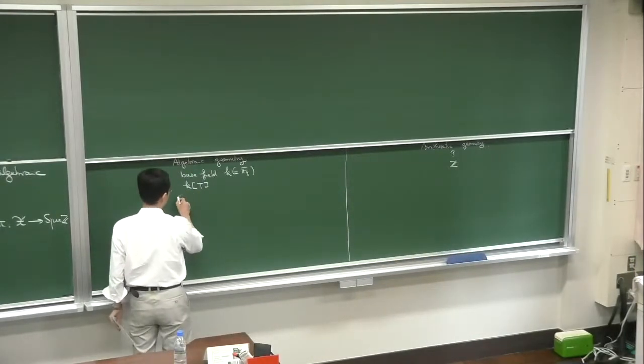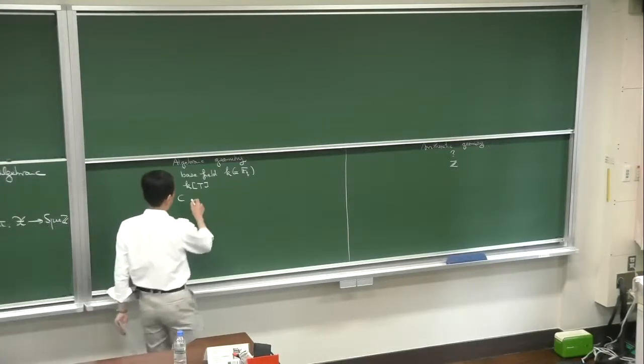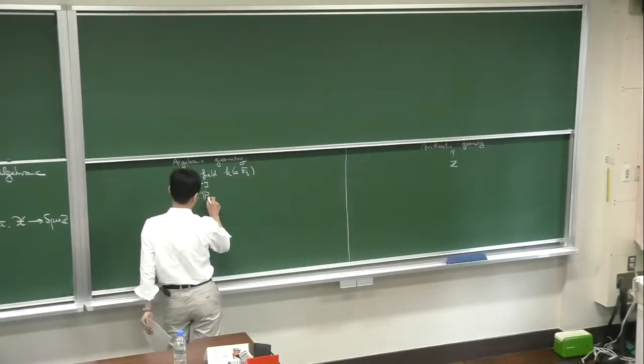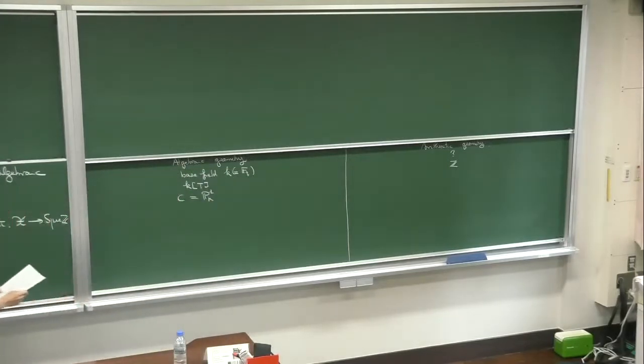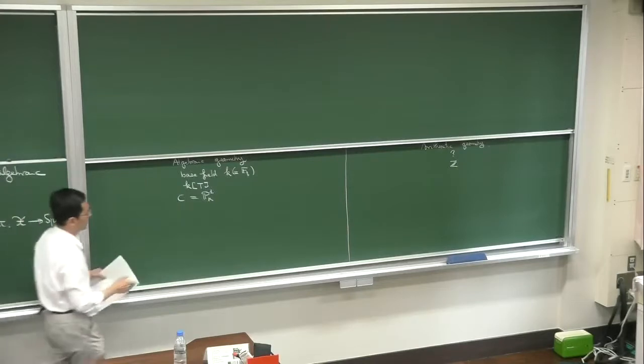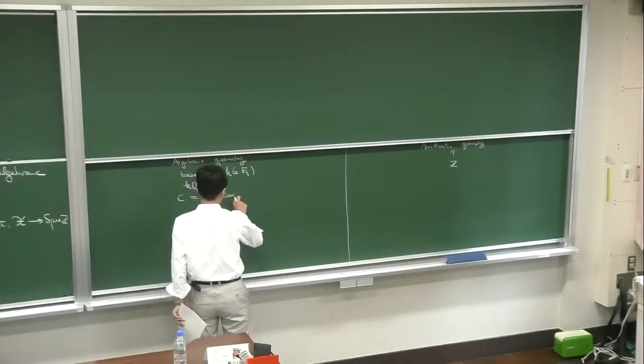Of course, here we need to consider some geometric model. So C is P^1_K. This is the model for such a ring, so in some sense it is a compactification.